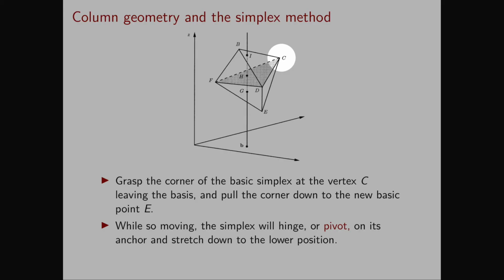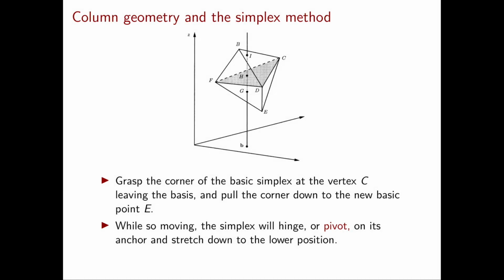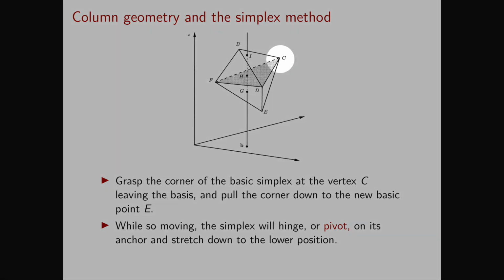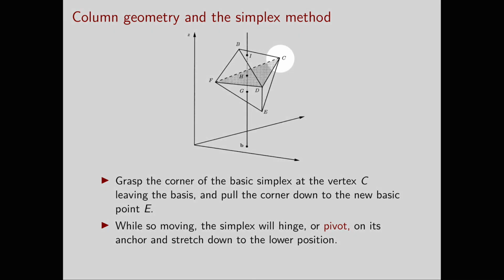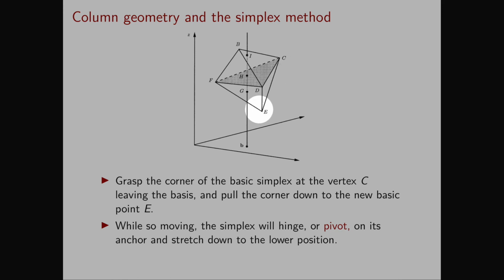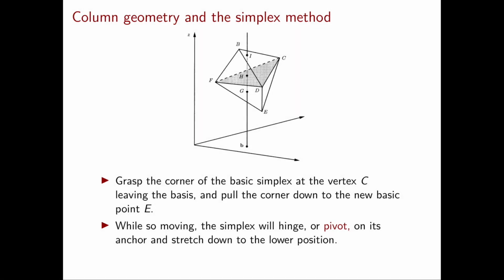Now we want to remove C from the basis and have E enter the basis instead. So we can imagine that we're grasping the corner C of the basic simplex and we're pulling it down until we reach E. In this way, from the old simplex, we obtain the new one. While doing this, our basic simplex will pivot on the edge FD as if it was anchored there.